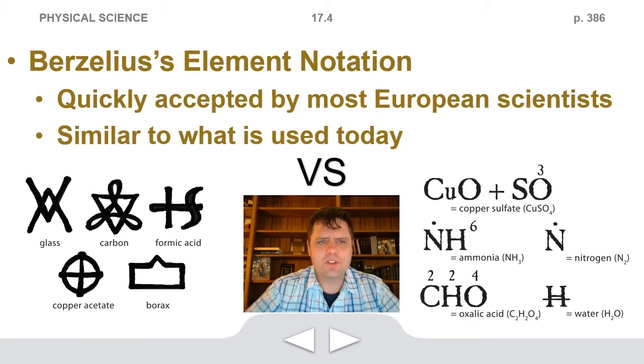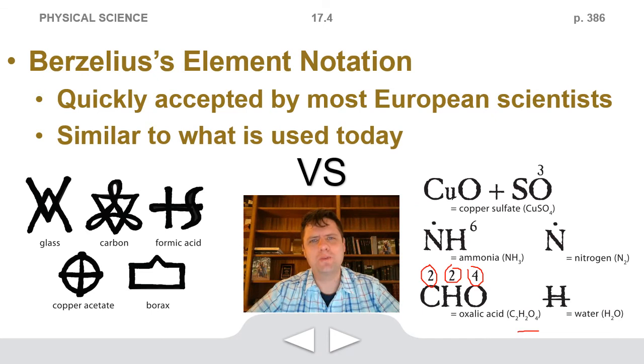One of the biggest differences with Berzelius' system is that he had a penchant for putting the numbers as superscripts above, whereas today, instead of putting these numbers above, we put them down below. Other than that, you see a striking resemblance between his system and what is being used today, because today's system is largely based on Berzelius' beginnings of a system for elemental notation.